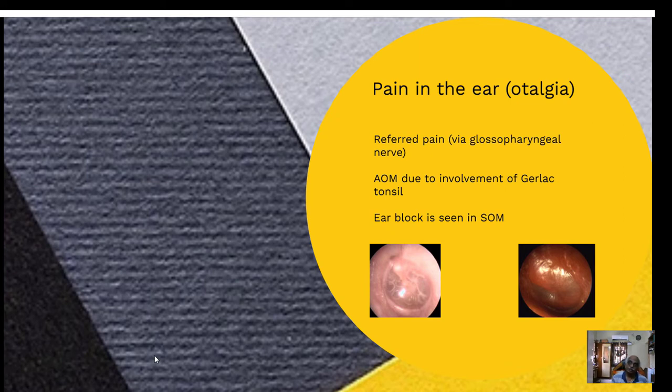And then pain in the ear can be due to real, true otalgia. True otalgia is caused by, what happens is, the components of the inner Waldeyer ring are as follows. One is the parapalatine tonsil. Next comes the posterior pharyngeal wall group of lymphatic tissue. Then comes Luschka's tonsil, the adenoid.